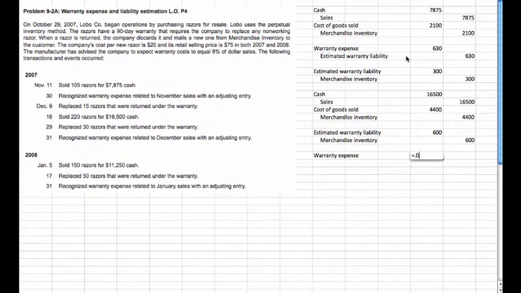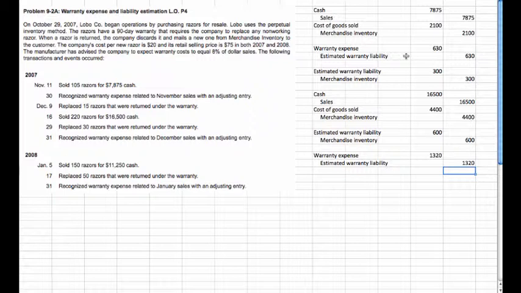So 0.08 times the amount of our sales, which is $16,500, and we're going to get $1,320. Because we haven't satisfied it yet, we're going to credit estimated warranty liability in the amount of $1,320.